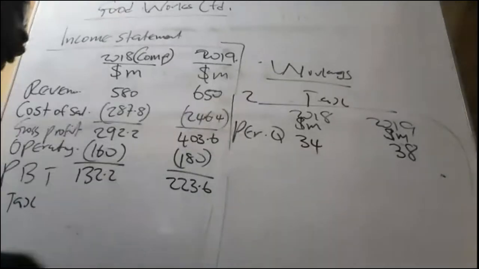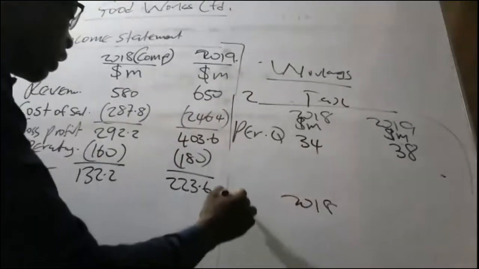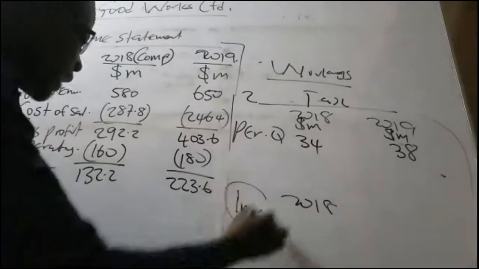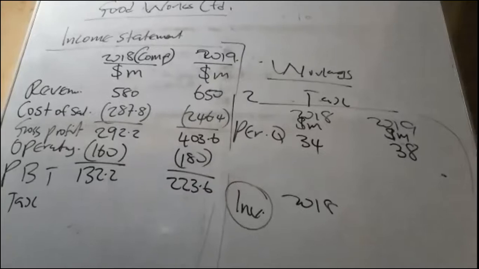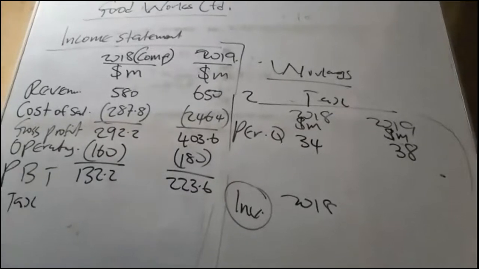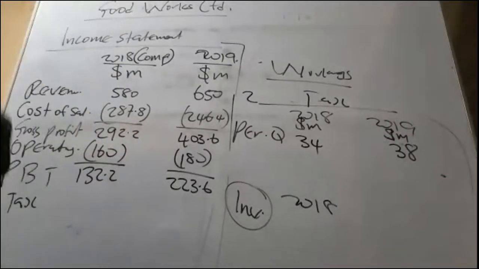Let's go to 2018. In 2018, error on inventory. Certain goods were added to the closing inventory. Meanwhile, they don't exist. So in short, the closing inventory was overstated. However, it causes what? Understatement of what? The cost of sales.